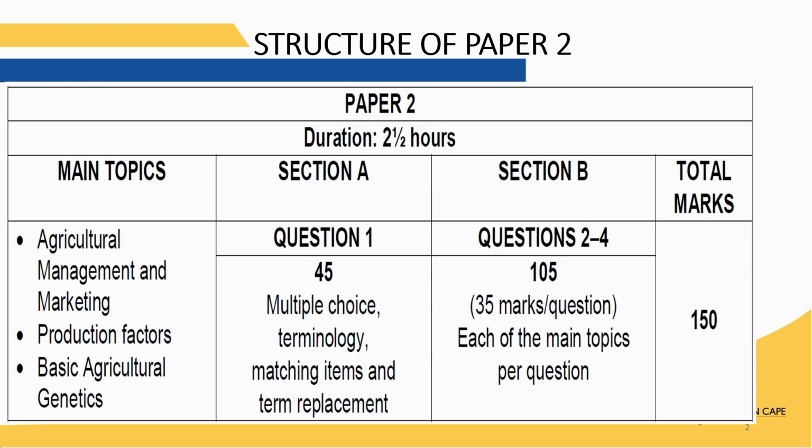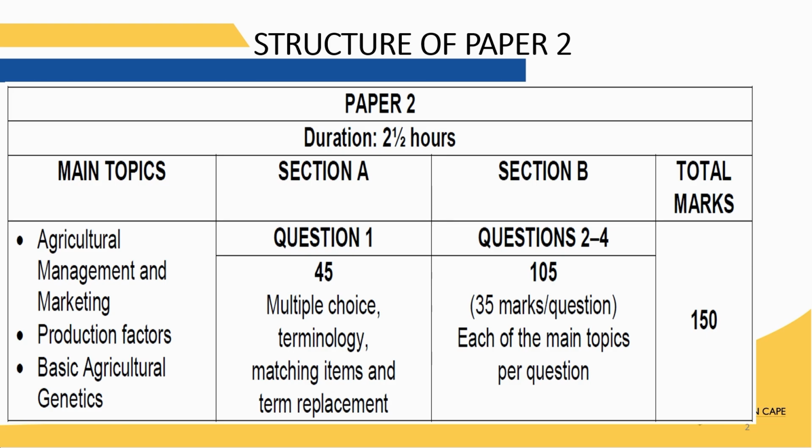Then we've got the main topics covered in this paper. We've got agricultural management and marketing, which is our question 2. We've got production factors, which is our question 3, and also basic agricultural genetics, which is our question 4. Today I will be covering the structure of paper 2.